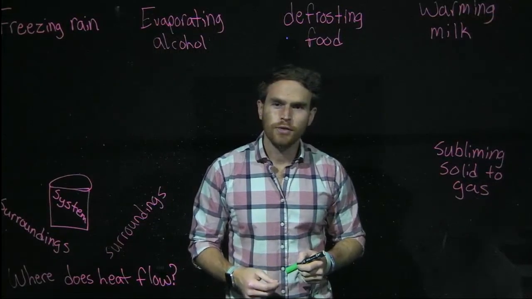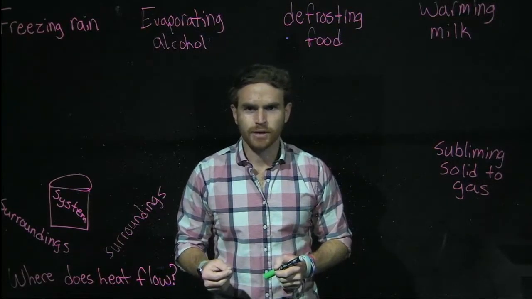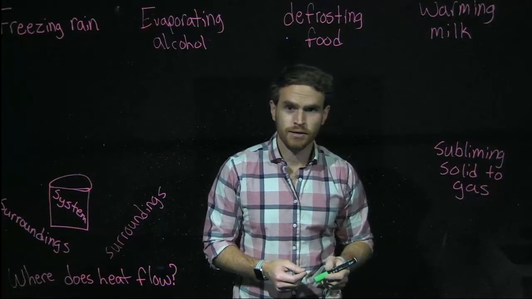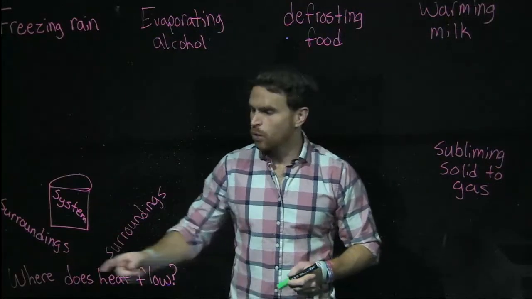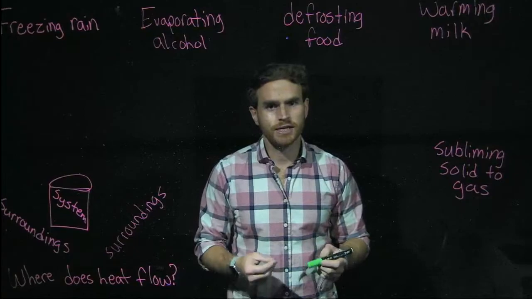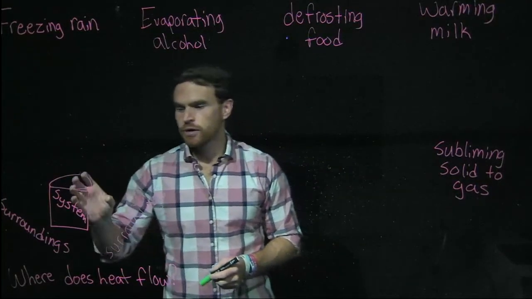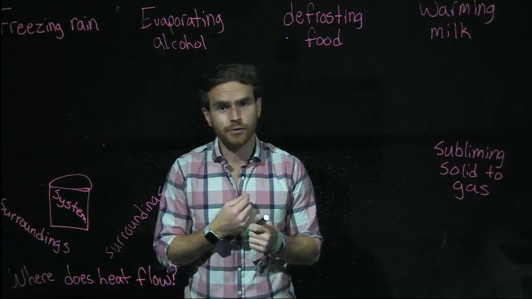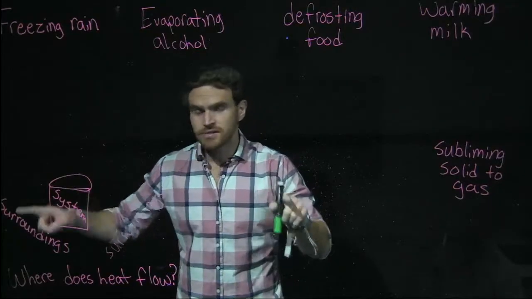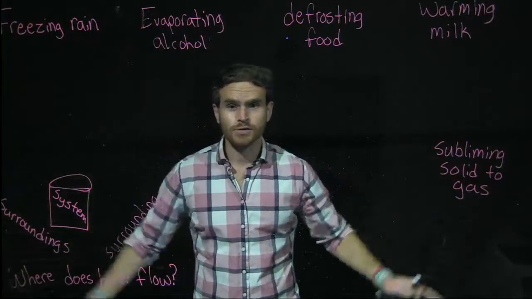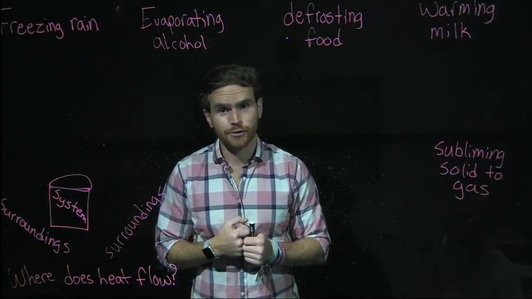When determining whether something is exothermic or endothermic, it's best to consider the direction of heat flow. Consider a system as a beaker or a container, and its surroundings as everything outside of that container.